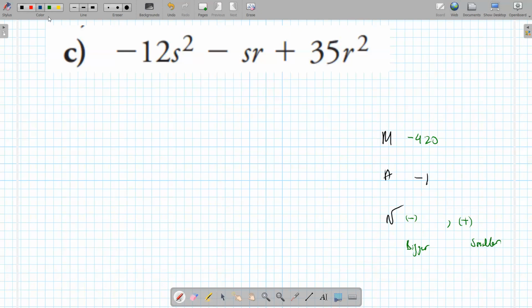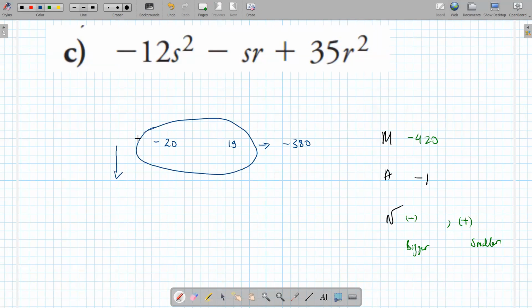Now we're just going to start somewhere. Maybe -30 is too big. Let's start at -20 and 19. What does that multiply to? Negative 20 times 19 is negative 380. That means we gotta go down because we need to get to negative 420.